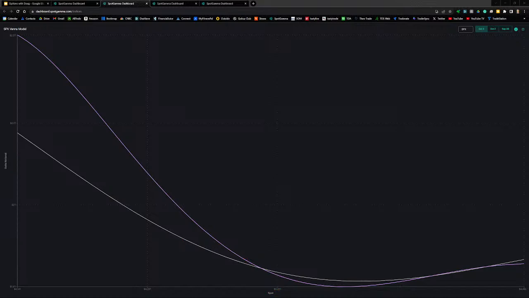All right, let's take a look and see where SPX is trading right now. So I've got SPX right around 42.26. So that's pretty far down this curve. There's 42.25. That's pretty close.